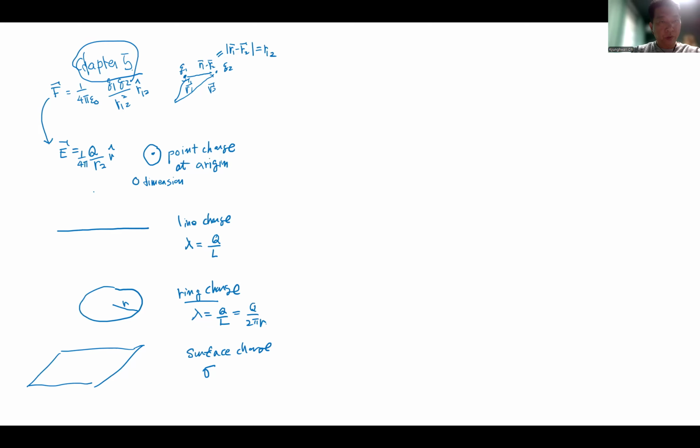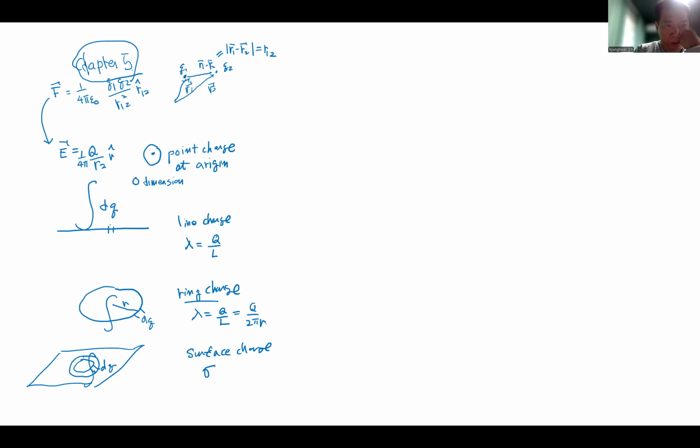In all of the cases in chapter 5, what we have to do is specify what the dq is, and then do the integral over the dq. That's the basic stuff.